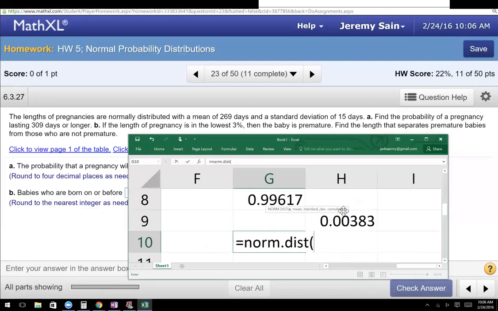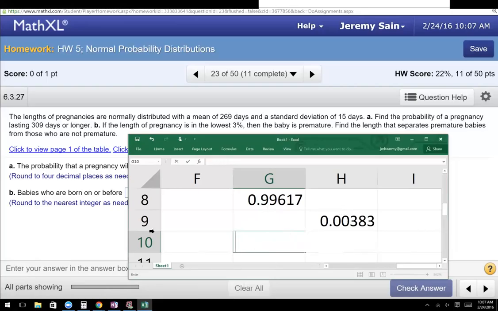But if you ever don't remember, when you pull up Excel yourself, it tells you in this little box. So it's norm dist. First goes X, then the mean, then the standard deviation, then the cumulative, which is the 0, 1 thing. So we did the value first, the 309, then we did the mean, which was 269, then 15, then the 1.